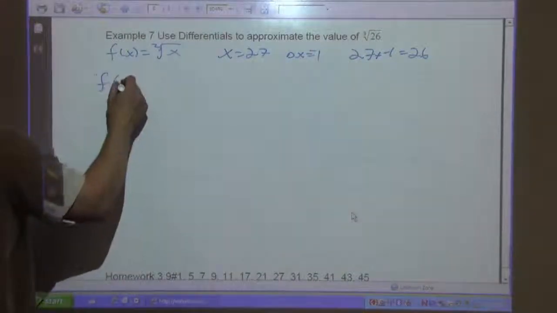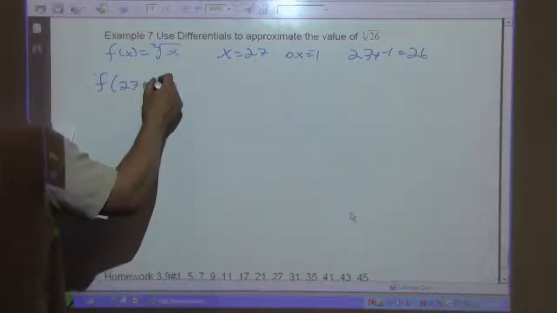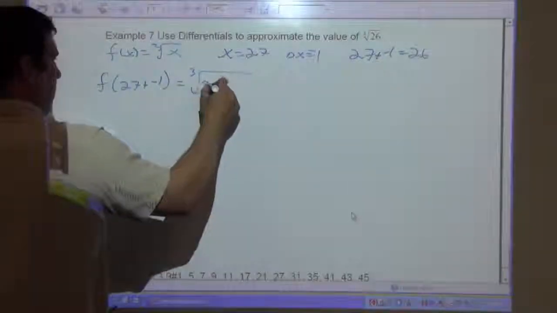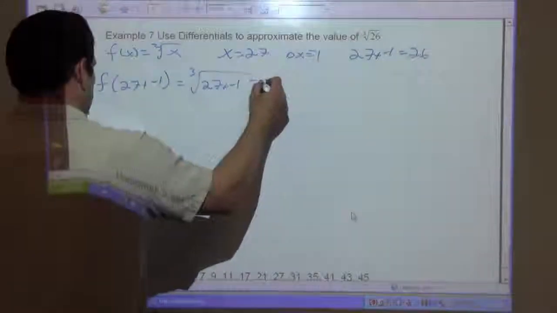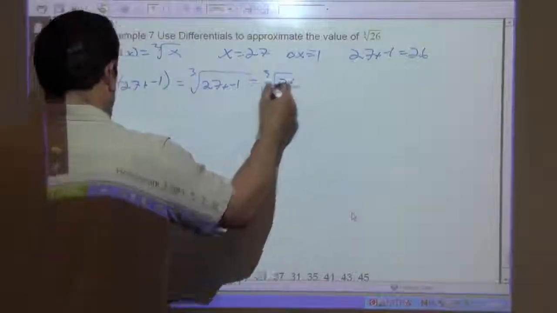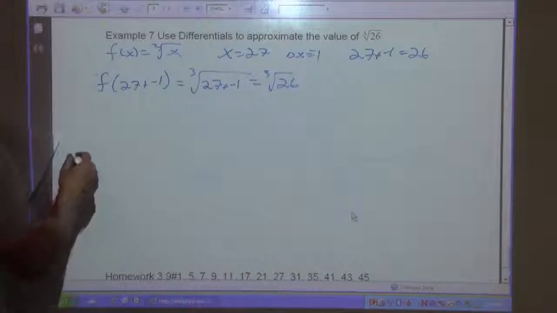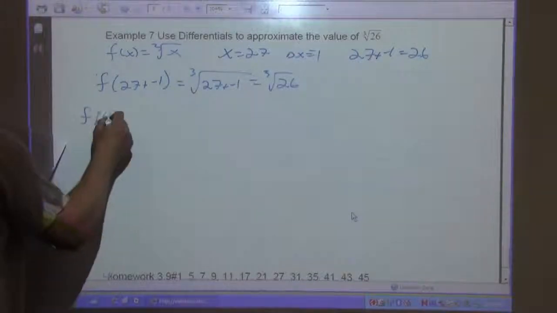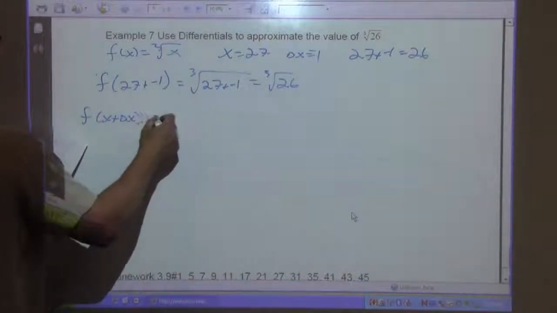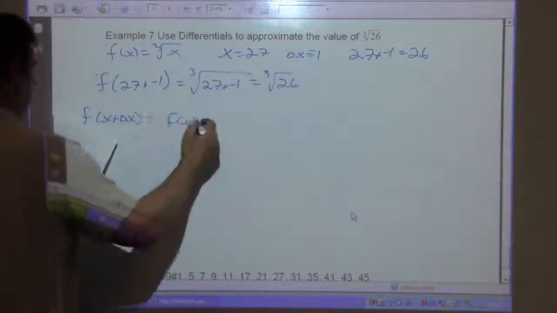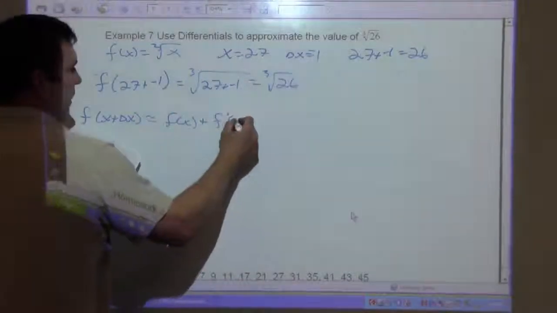So f of 27 plus negative 1 is the cube root of 27 plus negative 1, which is the cube root of 26. As we saw from just above, f of x plus delta x is approximated by f of x plus f prime of x dx.